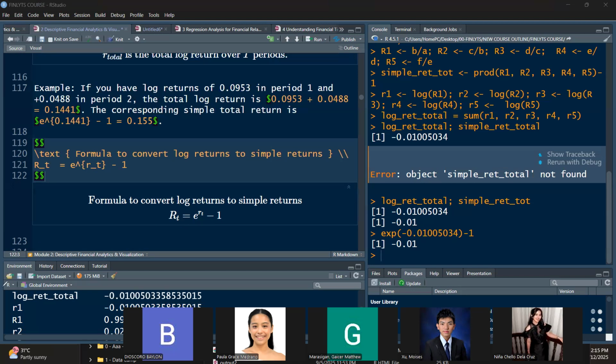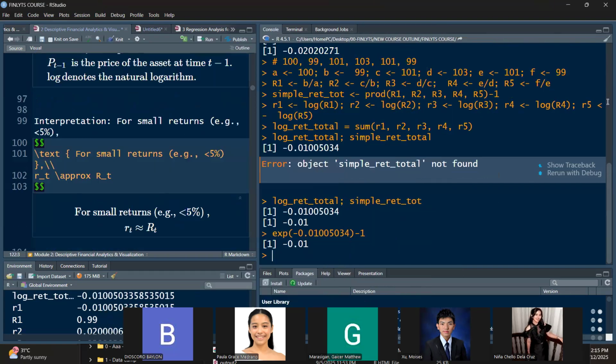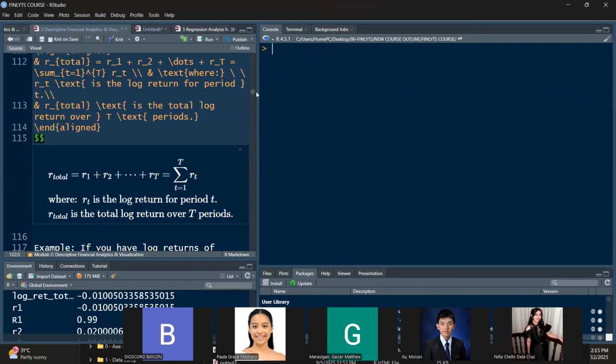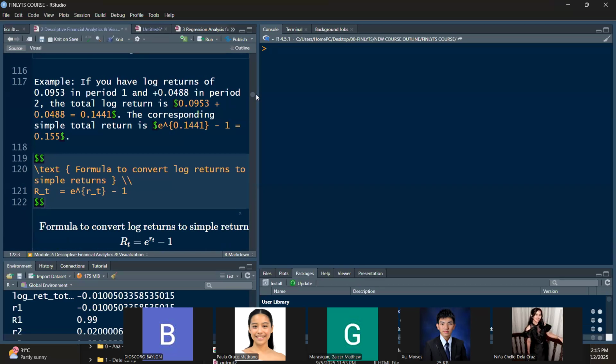Oh, time na pala. Just this last one, class. We were able to show that the formula for the simple return is e to the log returns minus 1.